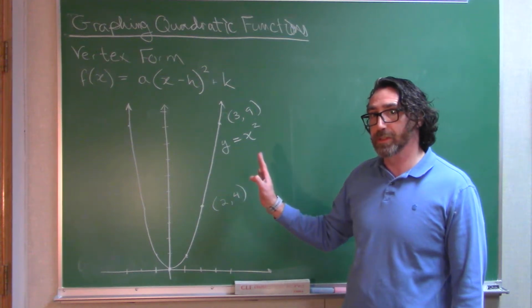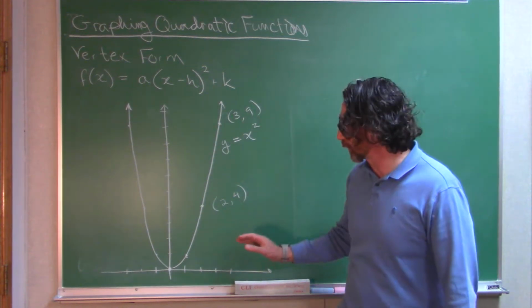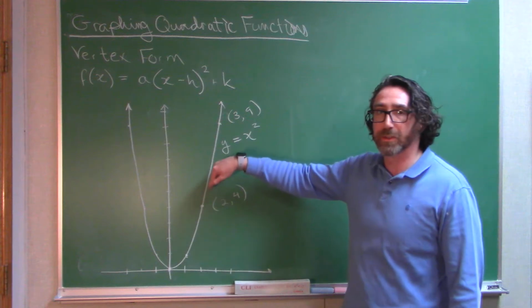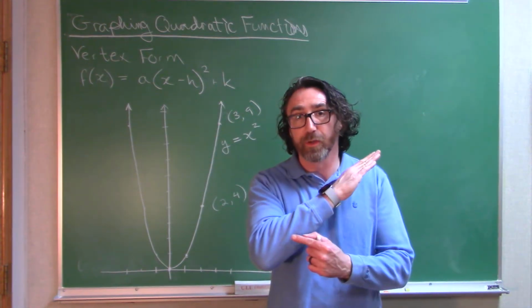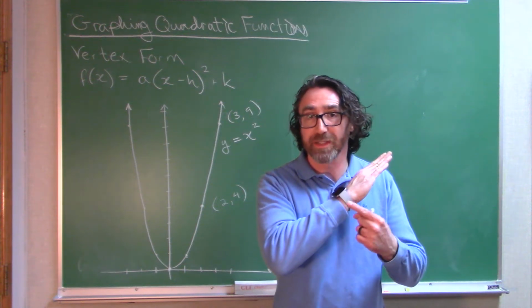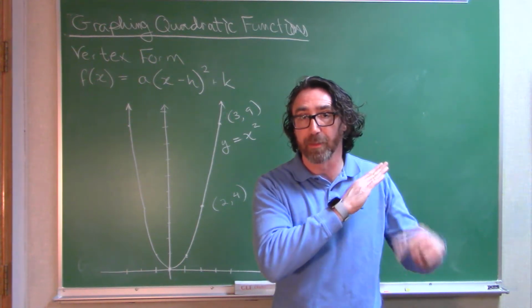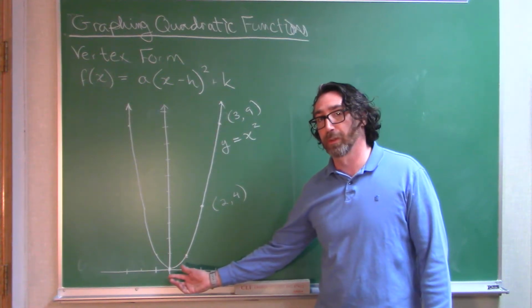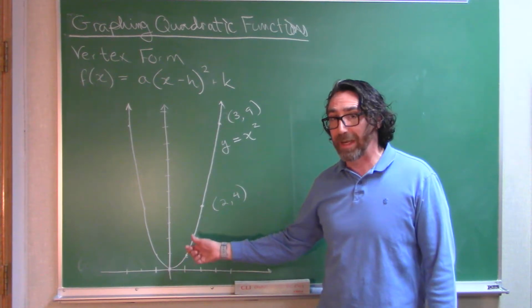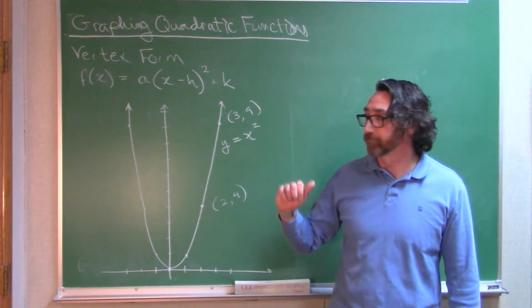So the increases are themselves increasing. That's why this graph bends like this. It's not a linear function, because a linear function, if it's increasing, it's always increasing at the same exact rate all the time. This function, on the portion where it's increasing, increases faster the further out you go.